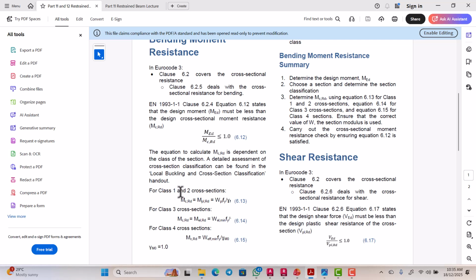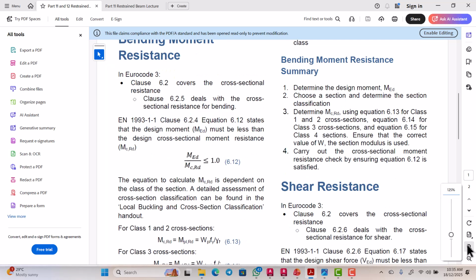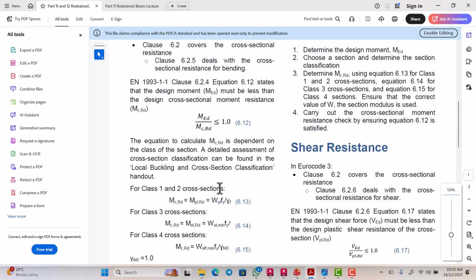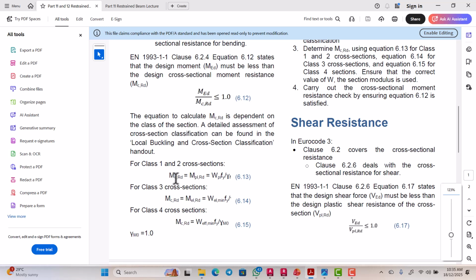Is it a class 1 section or a class 2 section? If it is class 1 or 2, then you are going to apply equation 6.13.